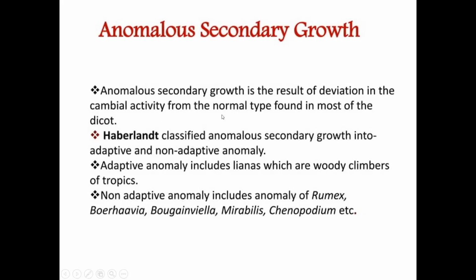The normal type is production of secondary xylem towards the inside and secondary phloem towards the outside. But here there is production of parenchyma cells or conjunctive tissue, so abnormal activity takes place in anomalous secondary growth.